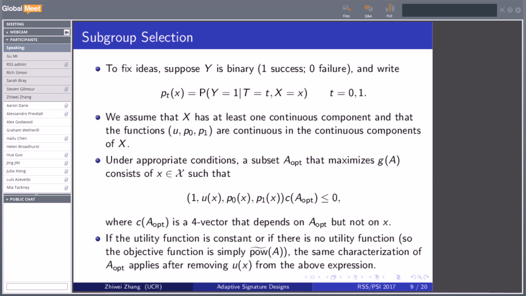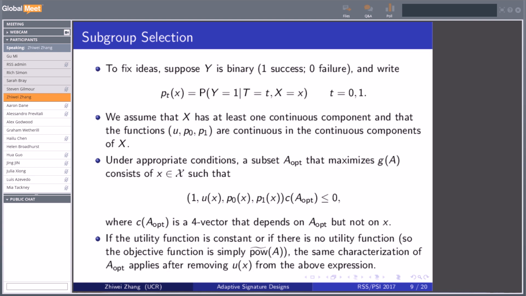So under appropriate conditions, we find that an optimal subset can be expressed in this form, using this expression here, where the coefficient vector C depends on the subset but not on X. So the subset defined by this expression is really a half space in terms of the utility function and the covariate specific treatment success rates.